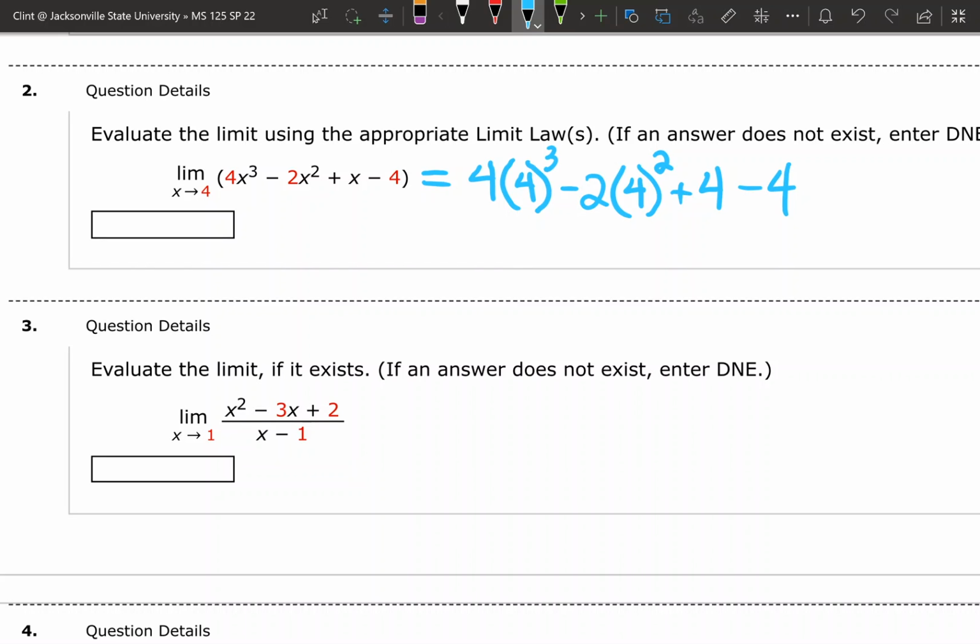Let's see, I'm going to break out the calculator here. So that's 256, and then minus 32, plus 4 minus 4, so 224.